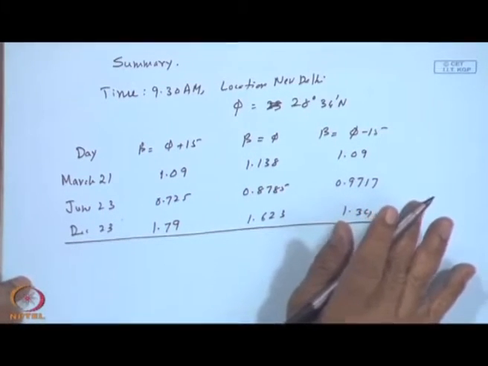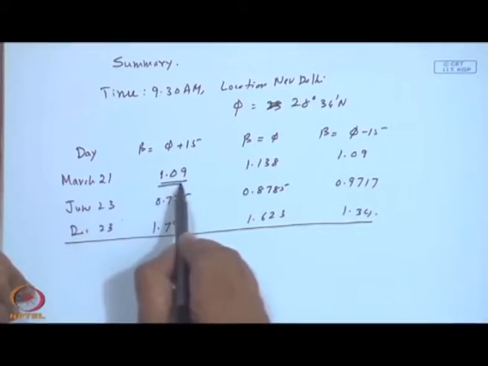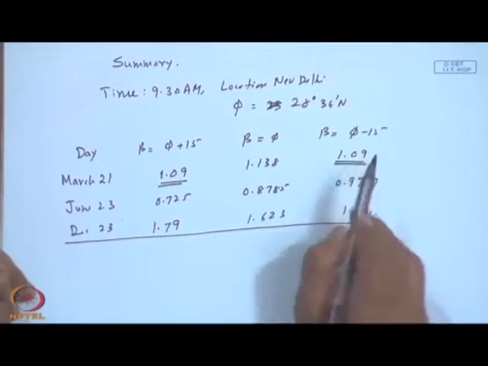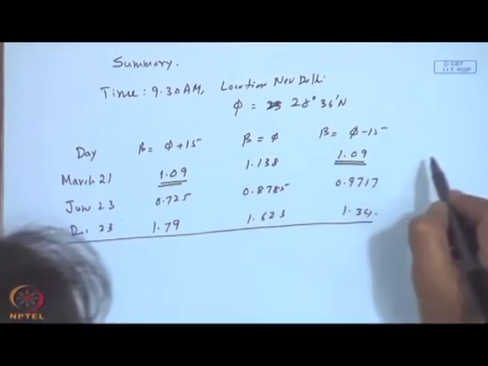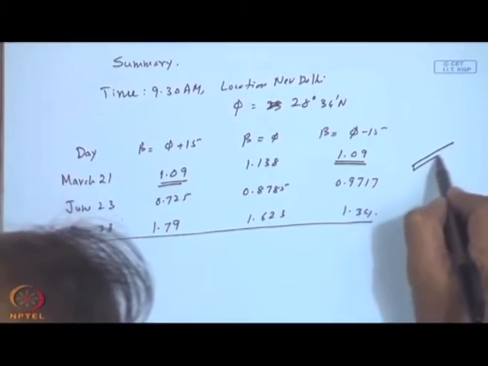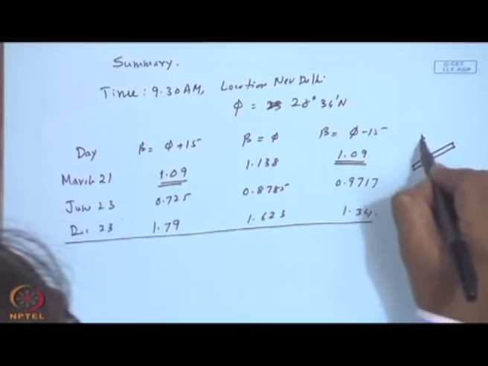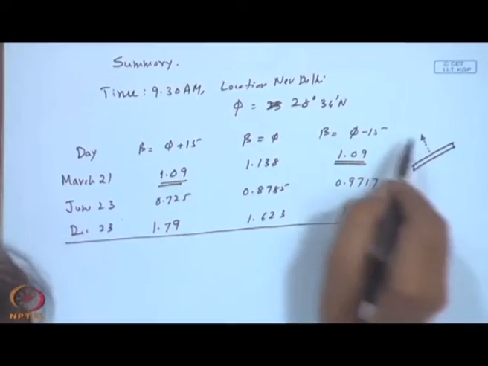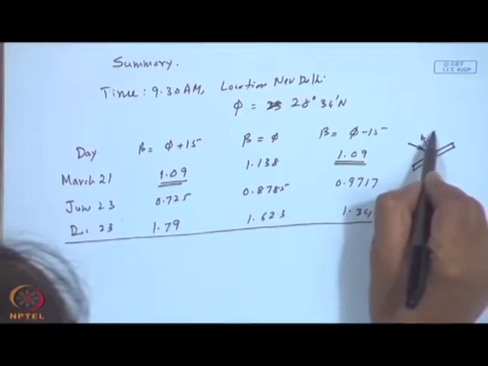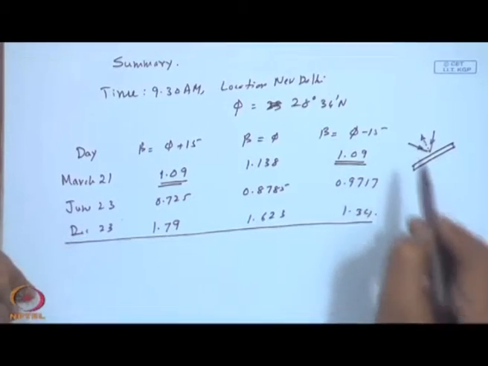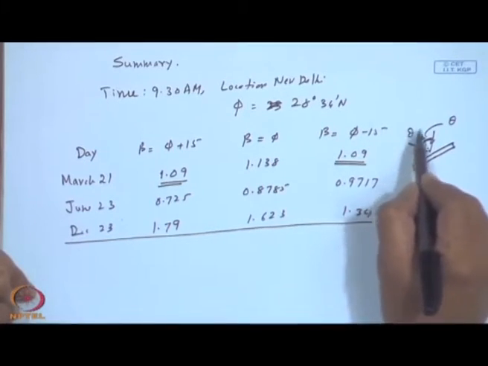declination. And this is because delta is 0, 5 plus 15 and 5 minus 15, they have the same values, right. Basically, what it means is, if this is the solar collector and if this is the outer normal, now, 5 plus 15 may have a ray like this and 5 minus 15 may have a ray like this, but still this theta remains the same.